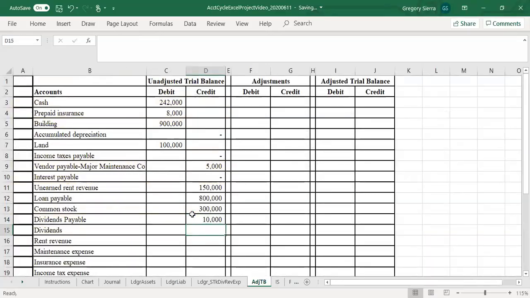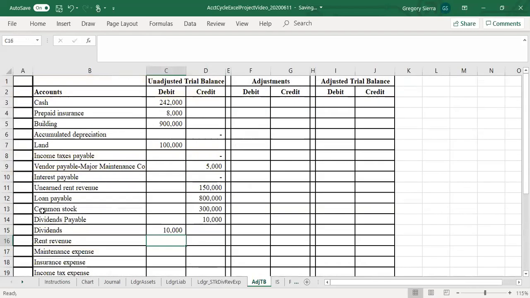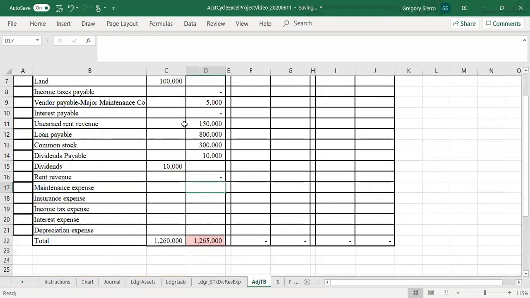Here it is. Dividends. Whoops. So dividends, that is a credit balance. Rent revenue is a credit balance. That's up here, unadjusted. It doesn't have anything yet.